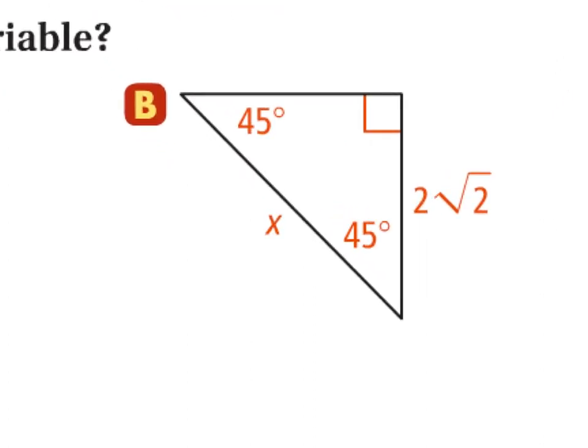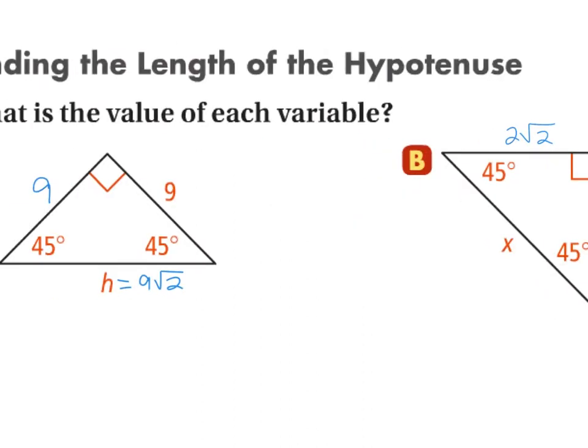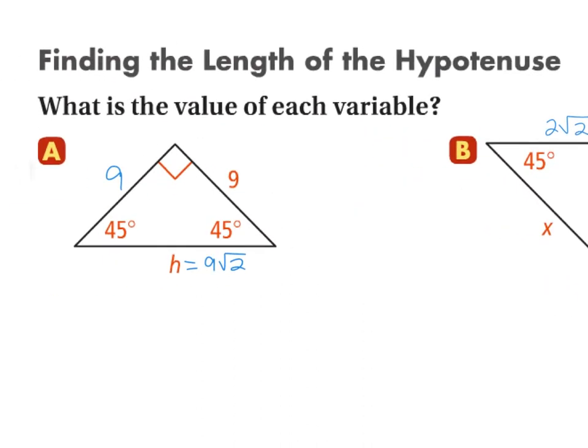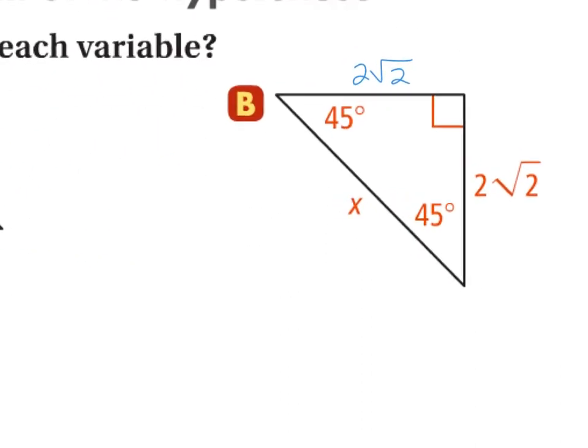So this one's a little bit different. They give you the leg length, but it has a square root in it. Don't freak out. So we know this leg length up here is going to be 2 square roots of 2, and we're trying to find the hypotenuse. So just like we did here on this one, we did the leg length times the square root of 2. We're going to do the same thing.